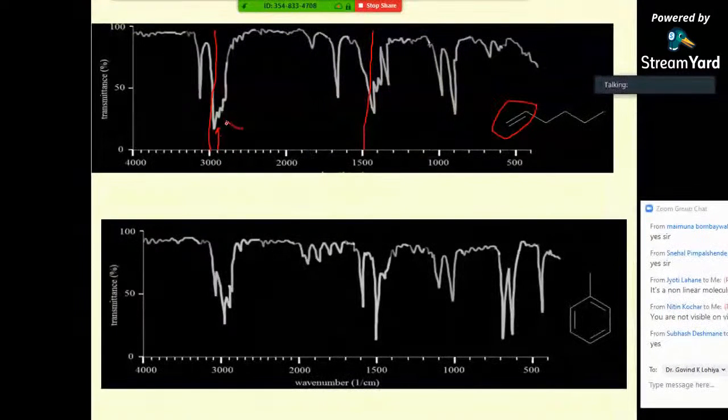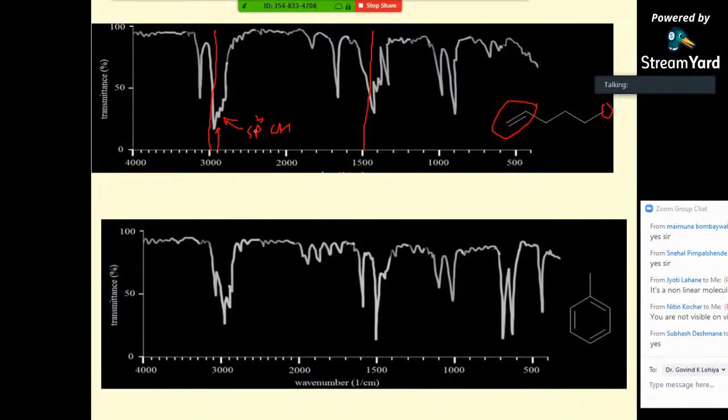If you see this peak at 2900, again I told you it is due to the sp3 CH stretching. Okay, and the other peak that we will be observing is just next to 3000, that is 3100, not 3300, 3100.